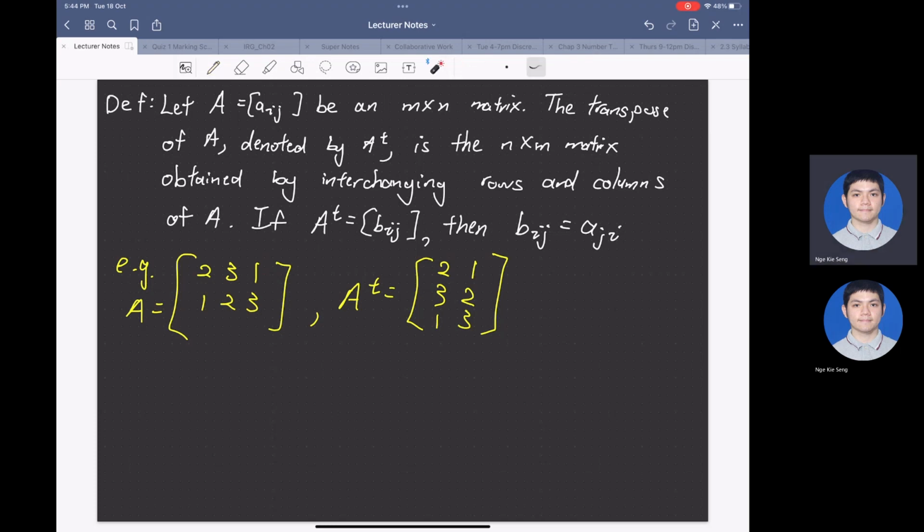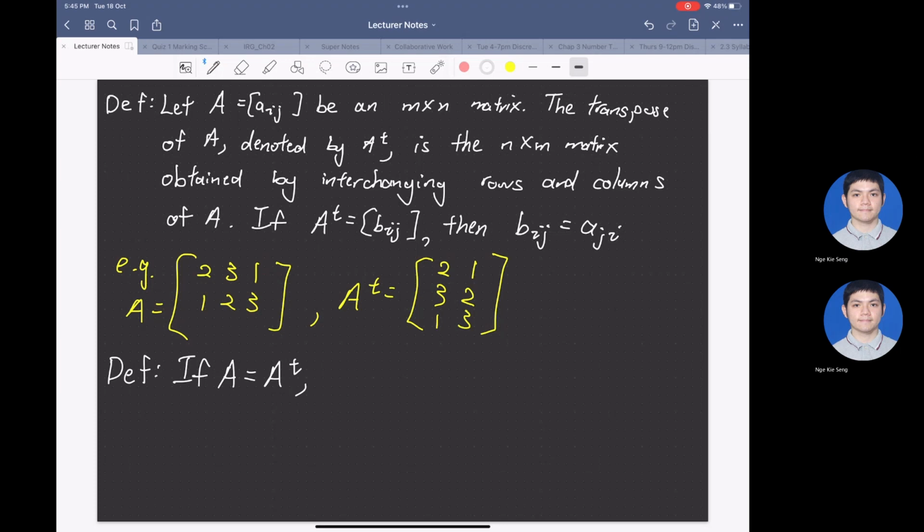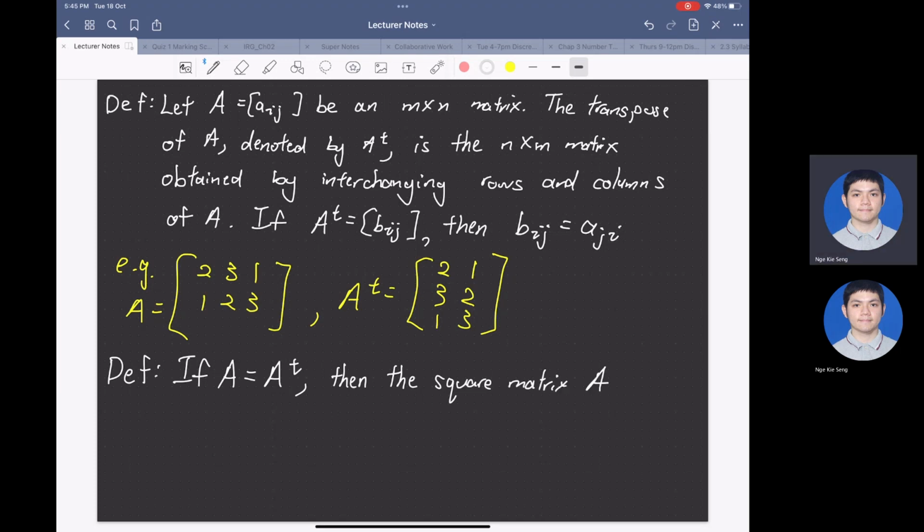And then there's a nice property for a particular set of matrices: if the matrix is equal to its transpose, if A equals A transpose, then the square matrix A is called symmetric.